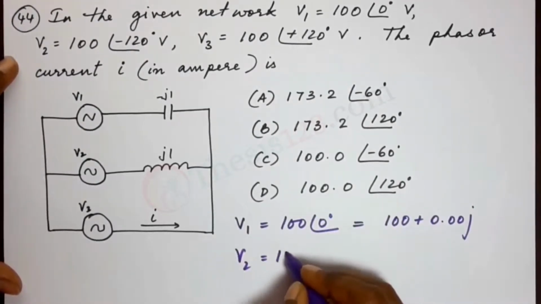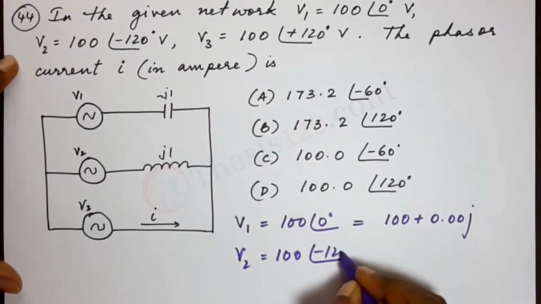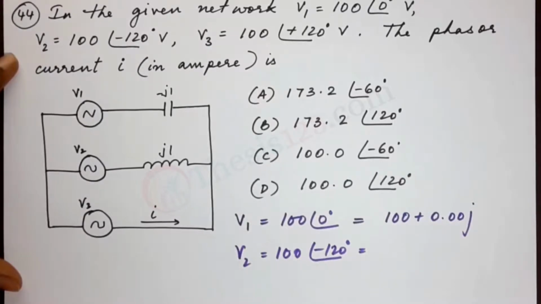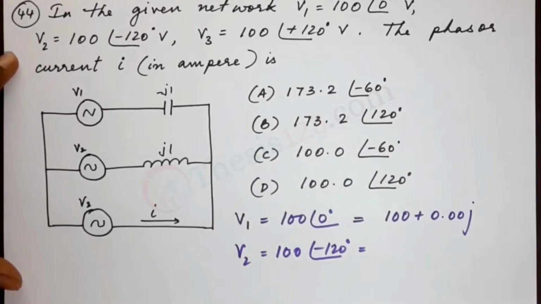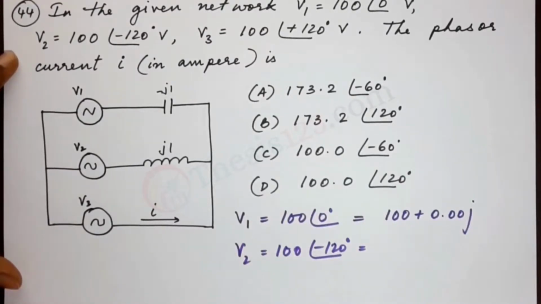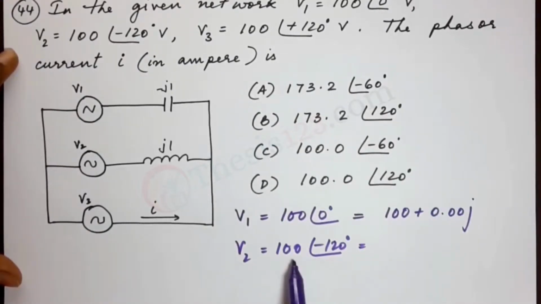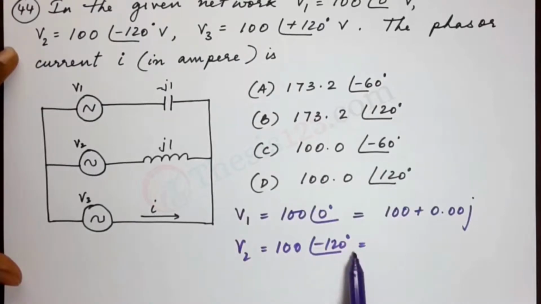V2, similarly, 100 angle minus 120 degrees. Now you can either do it manually or you can use your calculator, the best being the calculator, since it does all the work for you. It's easier that way. So V2 is 100 angle minus 120.